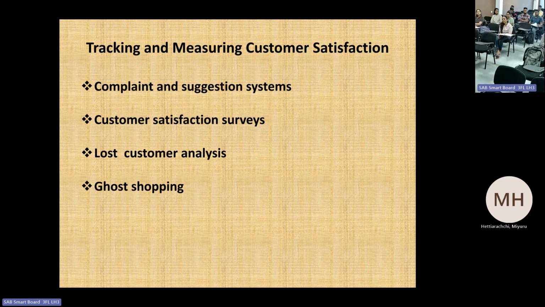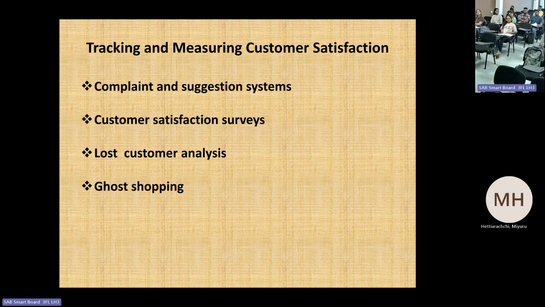And the last one is ghost shopping. What is that? Ghost shopping. Because all the others are so general, how can we link it with the customer response? It's like this.